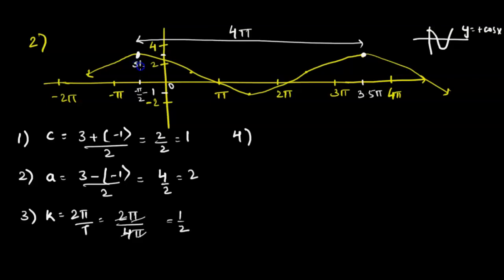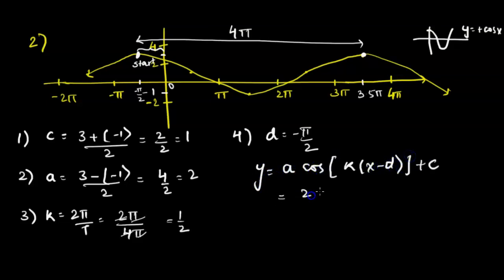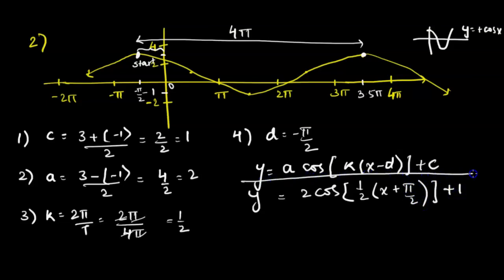So this is our start point. So the phase shift is going to be negative pi by 2, and the equation would be y is equal to a cos kx minus d plus c. A is 2 cos, k value is 1 by 2, x minus d, where d is negative pi by 2, which makes it a plus pi by 2 inside the bracket, plus c is 1. So this is one equation in terms of cosine that would represent this graph.